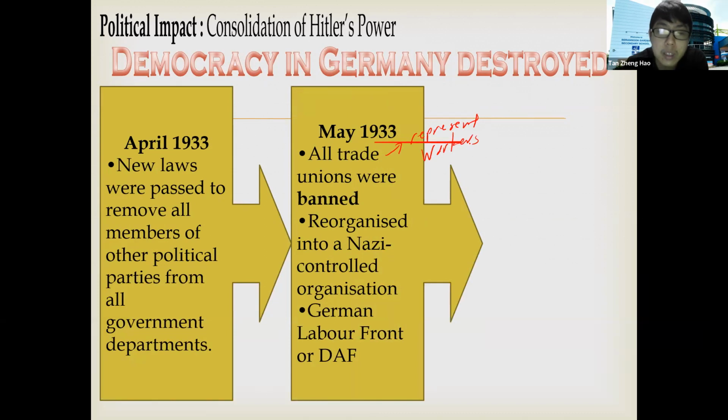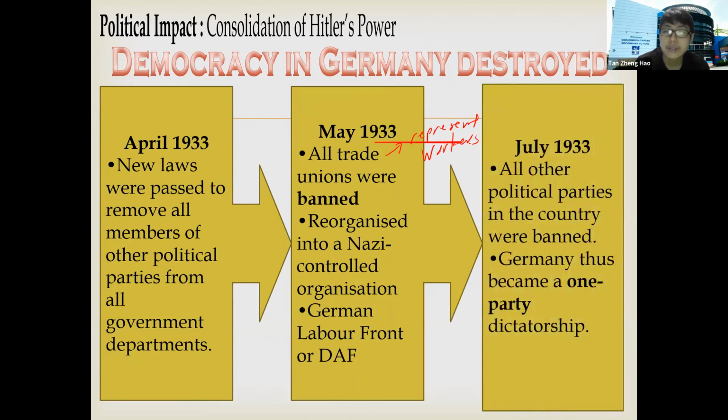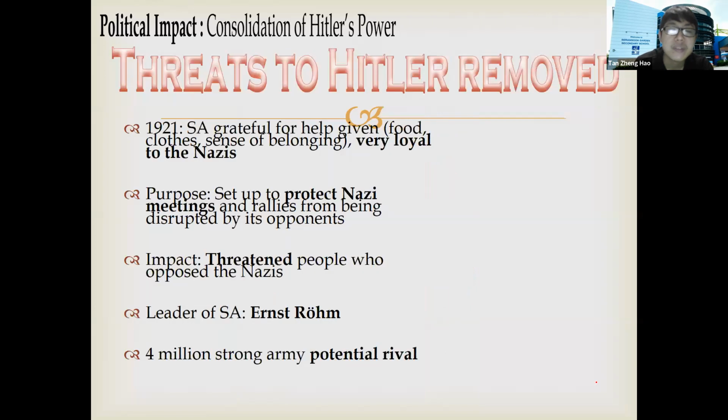So he reorganized them to make sure that the Nazis controlled all the workers. And all other parties were banned, and Germany became what we call a one-party dictatorship. Dictatorship basically means rule by one man. The one man obviously refers to Hitler.